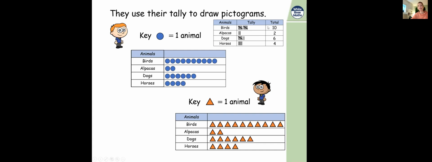So you can take the data from a tally chart and put it into a pictogram, but it must always have a key, and you must understand what that key means first. And in this case, we can see for the blue circle pictogram that the blue circle represents one animal.